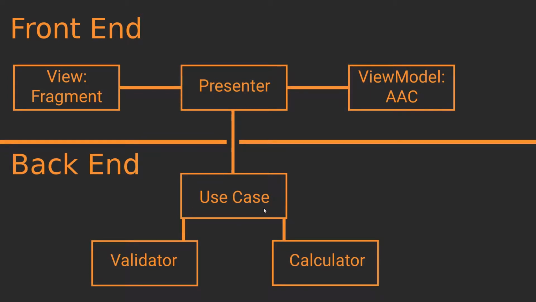So if you want to think about it in this way, I generally think of these use cases or interactors, or there's multiple different terms you can use for them, as the back end logic or thinking part of the application. And then the presenter is the front-end logic or thinking part of the application. So hopefully that clears up some of the questions you might have about the architecture.